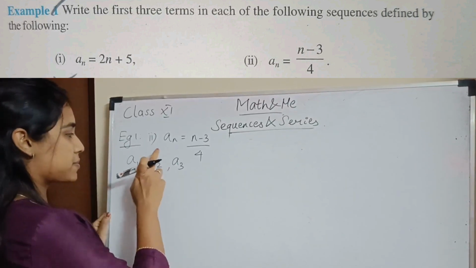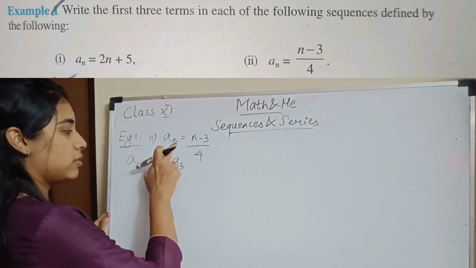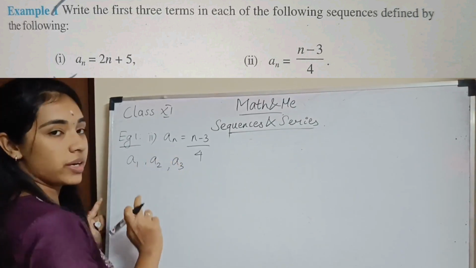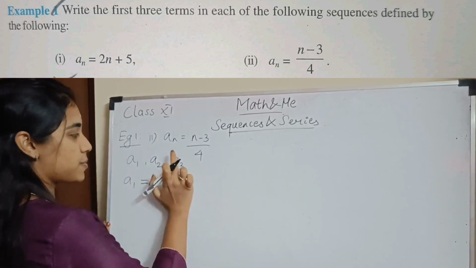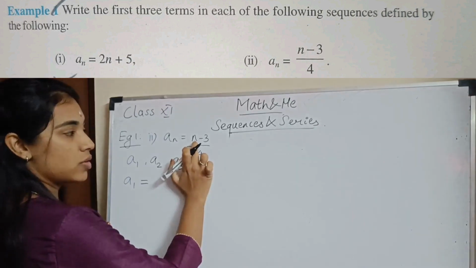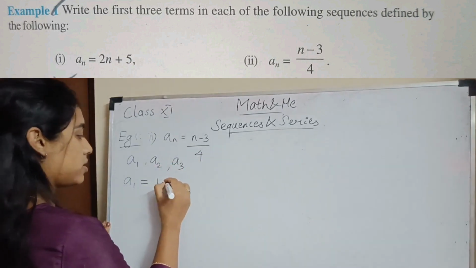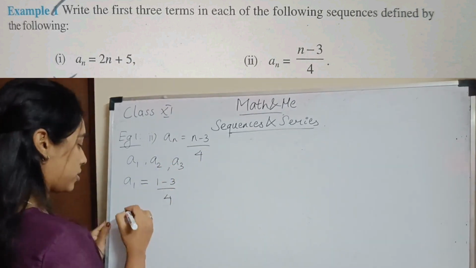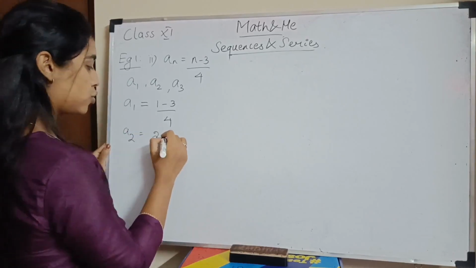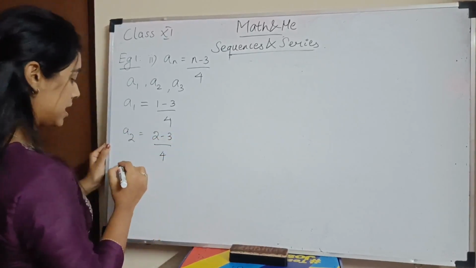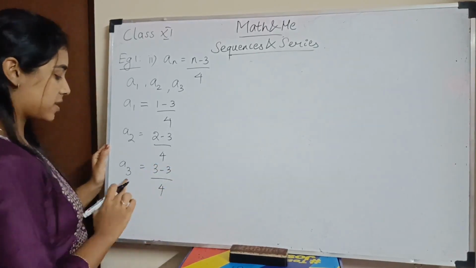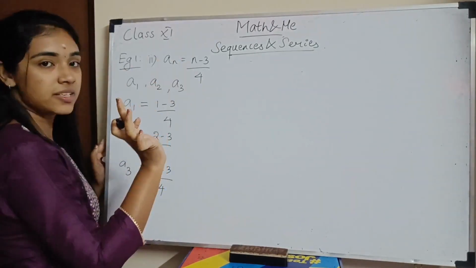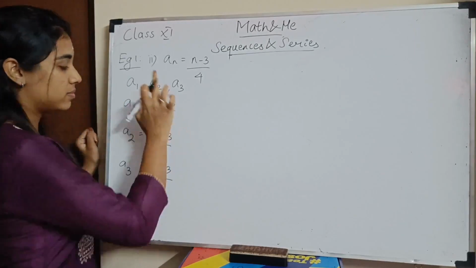So you just simply substitute 1, 2 and 3 for n to get the required terms. So A1 is you substitute 1 for n, so you have 1 minus 3 divided by 4. For A2, you have 2 minus 3 divided by 4. And for A3, you have 3 minus 3 divided by 4. I'm just substituting the value of n.